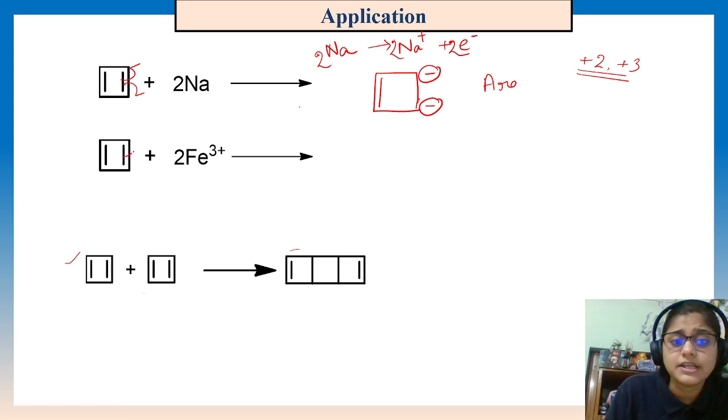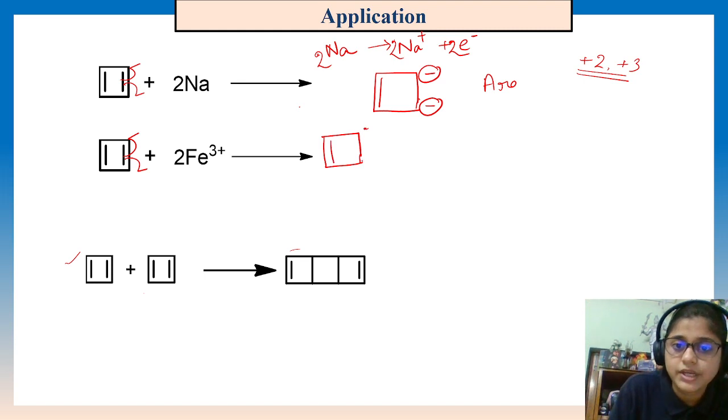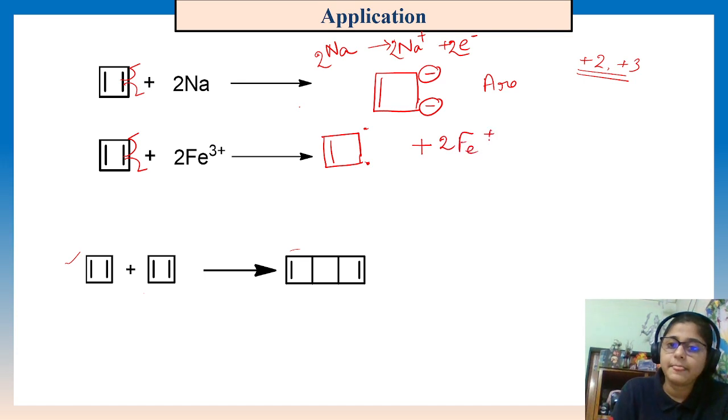Here electrons are there. We can imagine it this way. If a radical can be formed, here two electrons are there, right? So Fe can accept electrons one by one and go to Fe 2 plus. And here what will happen?